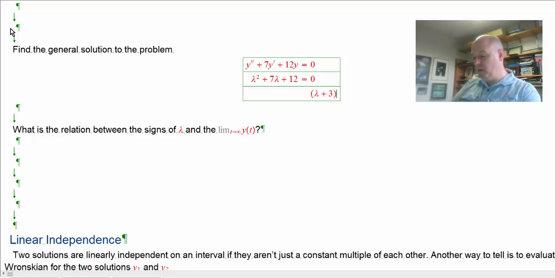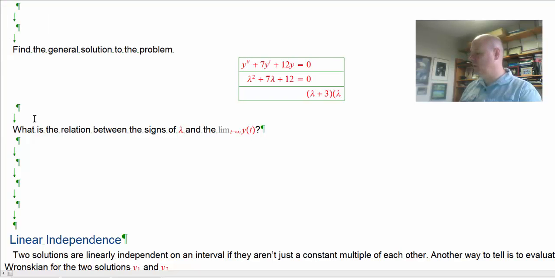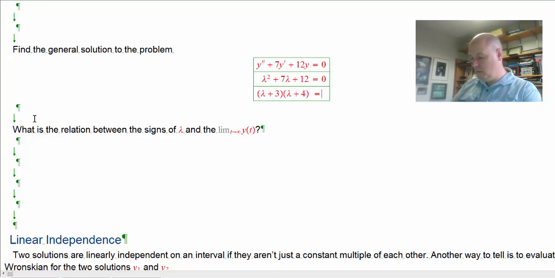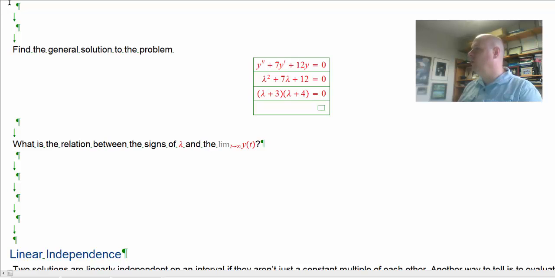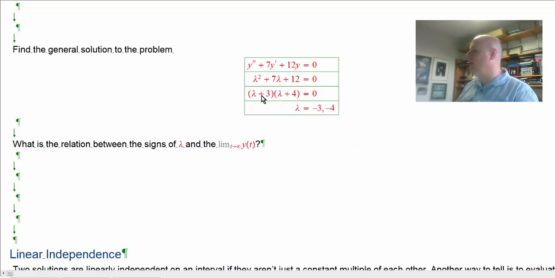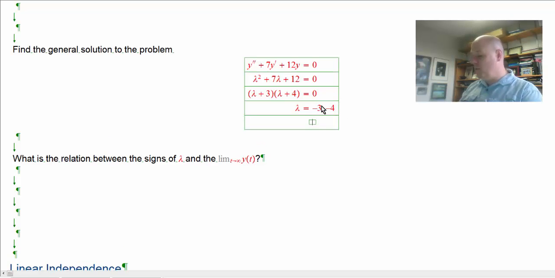lambda plus 3 times lambda plus 4 equals 0. So lambda equals -3 and -4 as solutions to this auxiliary equation. So now I can just straight write down the solution.